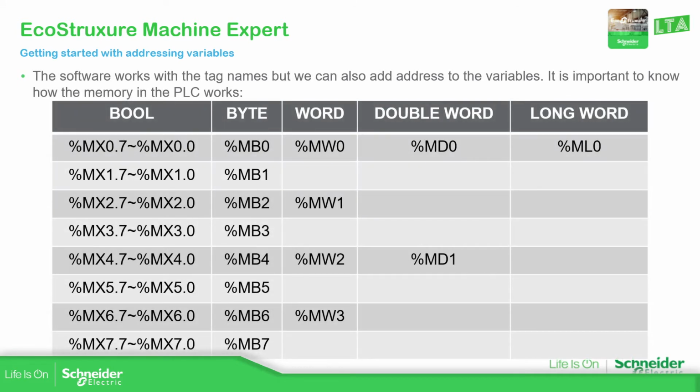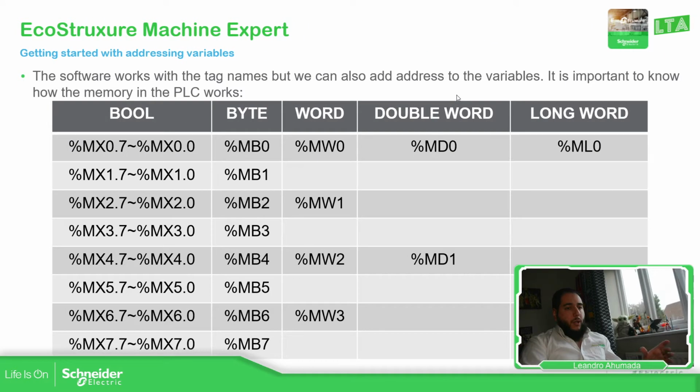So now on the PLC, okay, how the memory is divided by bytes. That is something that you need to be careful about when you're trying to read, for example, from another device like an HMI, and you're trying to read a specific address on the PLC, because it's divided by bytes.